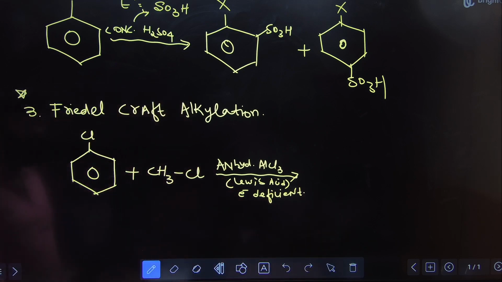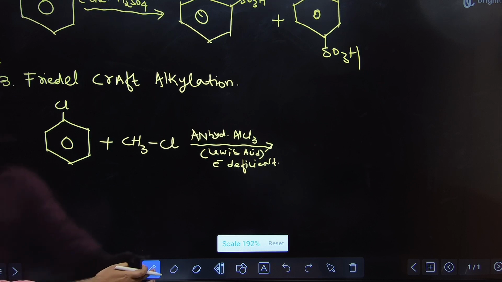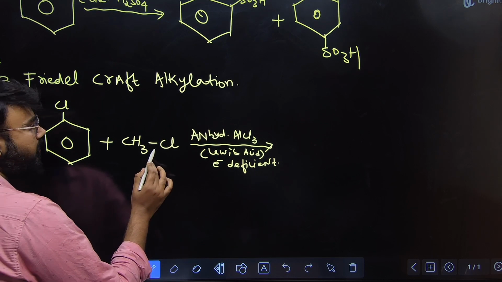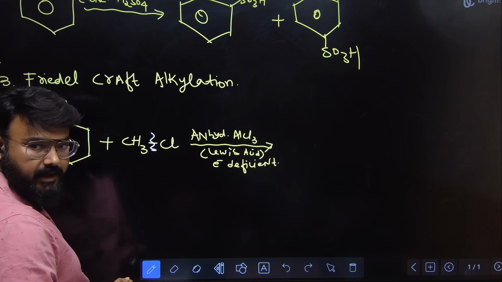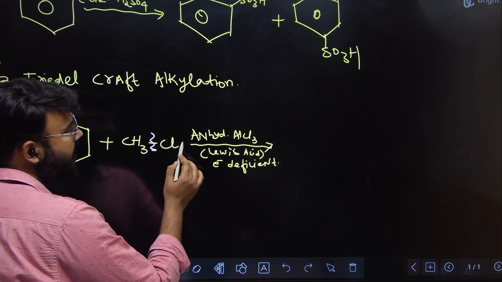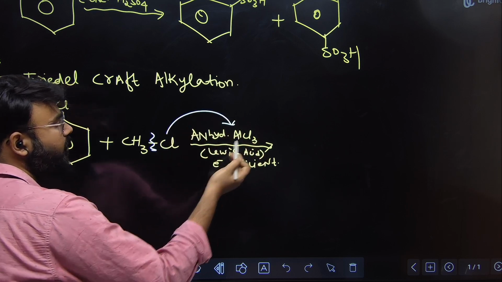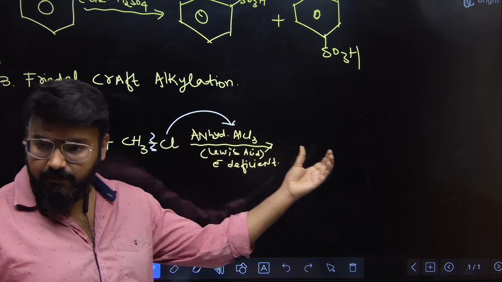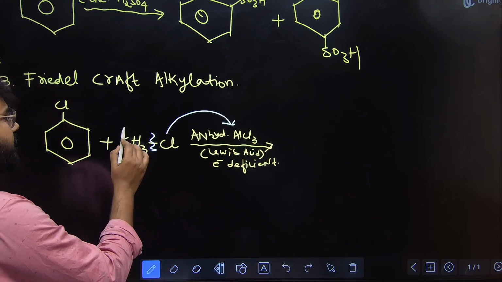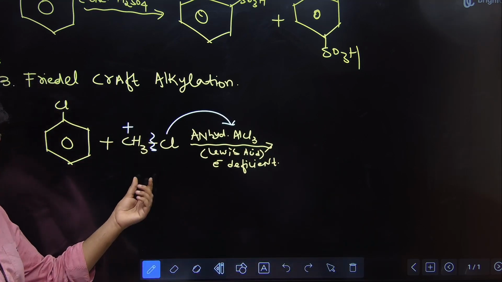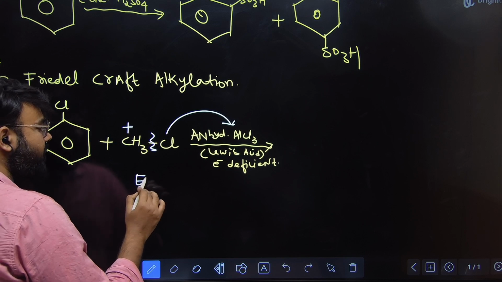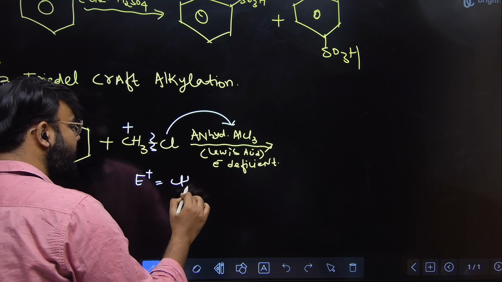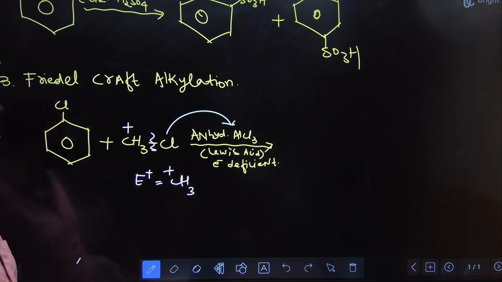Now, how the reaction will take place, guys? So understand this CH3Cl bond will break. This Cl will be taken up by AlCl3, right? So it will form AlCl4. So this will give rise to the formation of electrophile. So your electrophile will generate, and that is CH3 plus. Now you know where it will go.